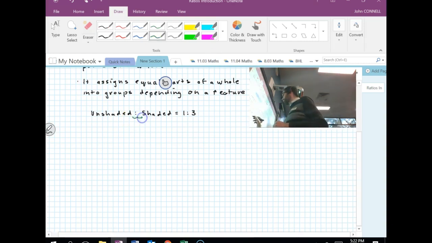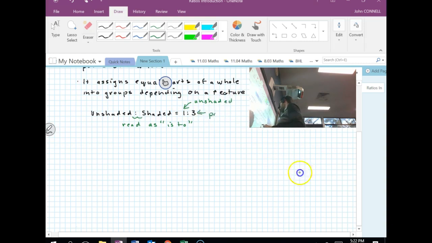This colon here we read as "is to", and this 1 was our unshaded parts, and this 3 was our shaded parts. And notice that if we add 1 and 3, so 1 plus 3 gives us 4, which is the total number of parts.